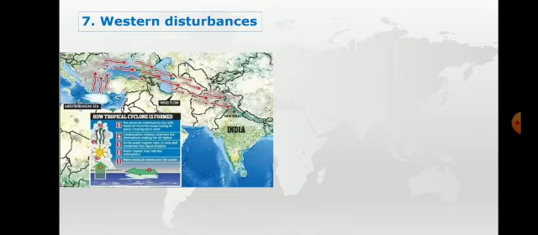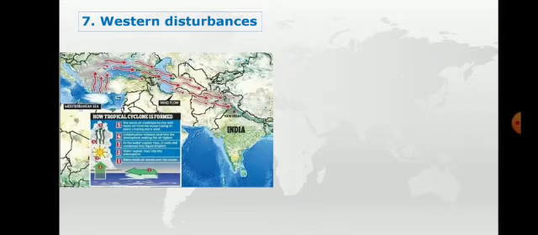In winter there is a shifting of pressure belts and westerlies blow from 20 degree north to 50 degree north latitude. So even North India comes under the influence of winds and cyclones which are rising from the Mediterranean region.